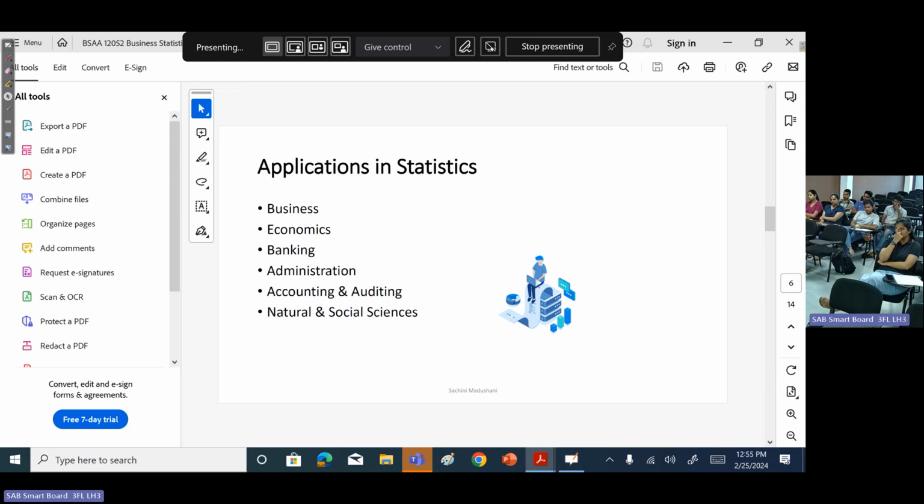Understood? Then they calculate the average loan amount and their interest amount. There are so many calculations. In that field they use statistical techniques. Okay, in administration, you know how they use it.